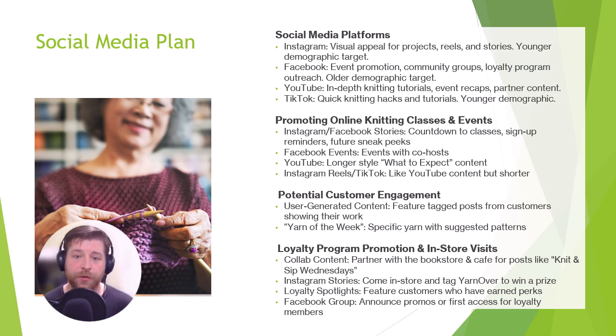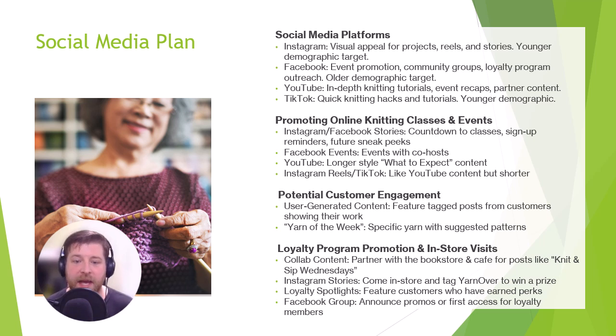So for our social media plan, obviously we have a bunch of different social media platforms we can choose from. Instagram, Facebook, YouTube, TikTok. It's really important that you use all the major social media platforms in order to build user engagement. You want to be promoting your online knitting classes and events through pictures on Instagram and Facebook stories.